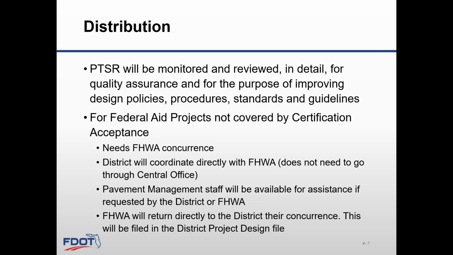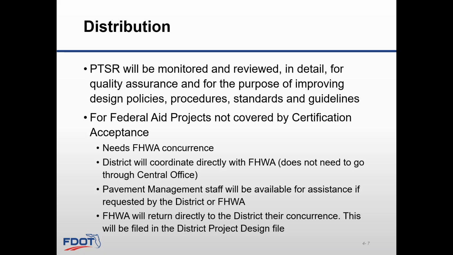Pavement type selection reports will be monitored and periodically reviewed in detail for quality assurance and for purposes of identifying and improving deficiencies in design policies, procedures, standards, and guidelines.